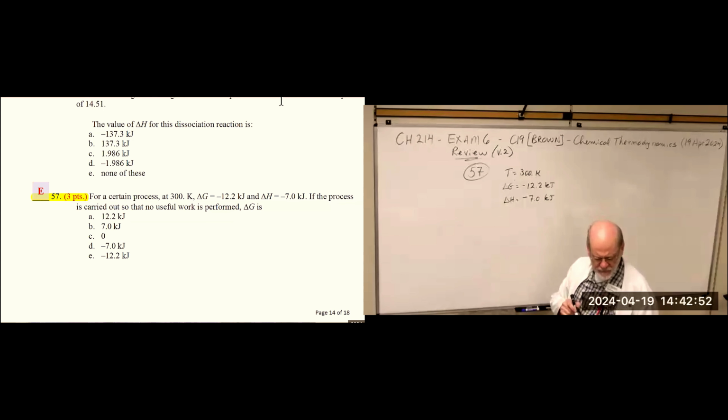If the process is carried out so that no useful work is performed, delta G is what?